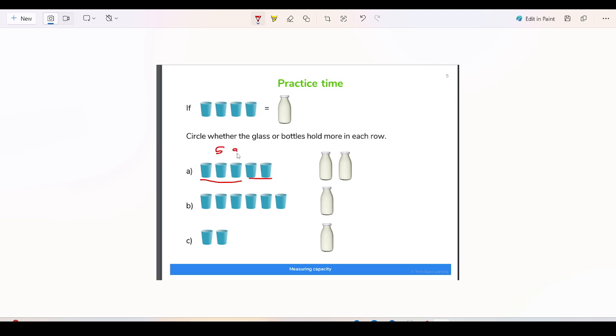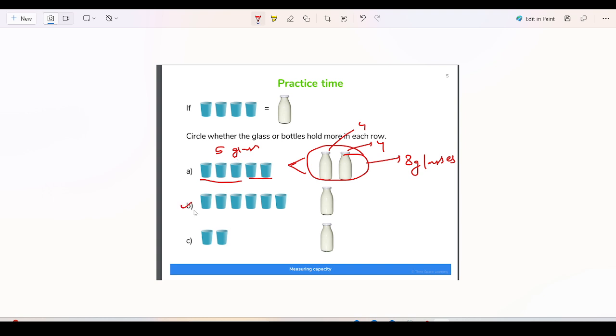Well, 1 bottle equals 4. If there are 2 bottles, 4 times 2 is 8. Very good. If it's more than 8, that means it's greater. Because 2 bottles means 8 glasses, and 8 glasses is greater than 5 glasses. Very good.